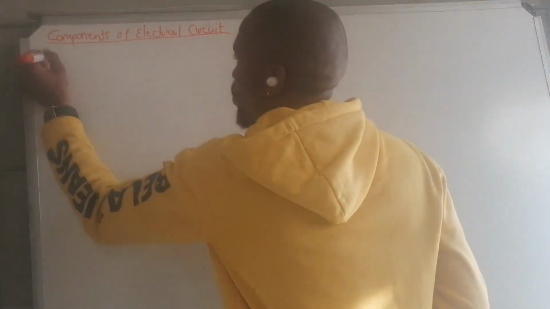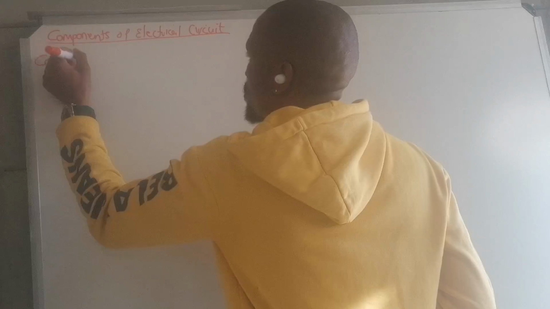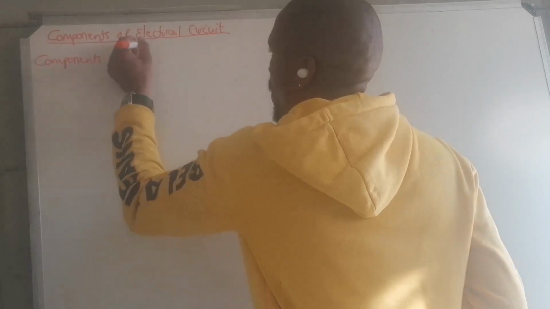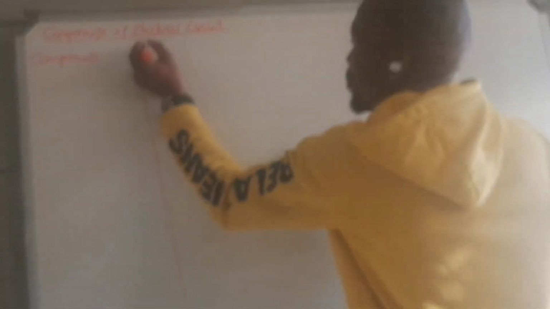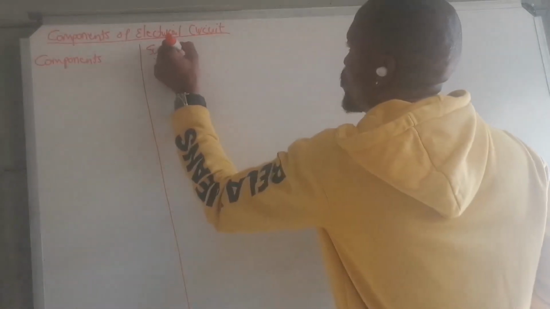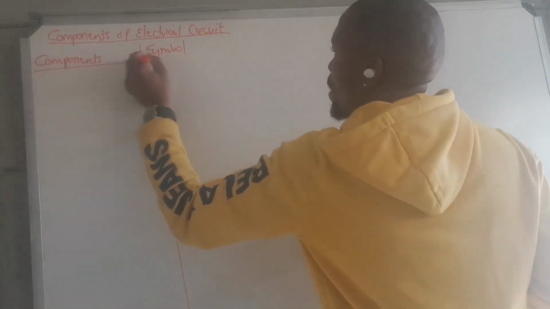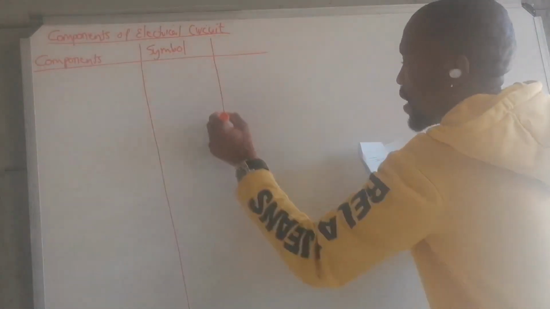We will look at the components themselves in a table format, then the symbols that accompany those components, and lastly the functions.